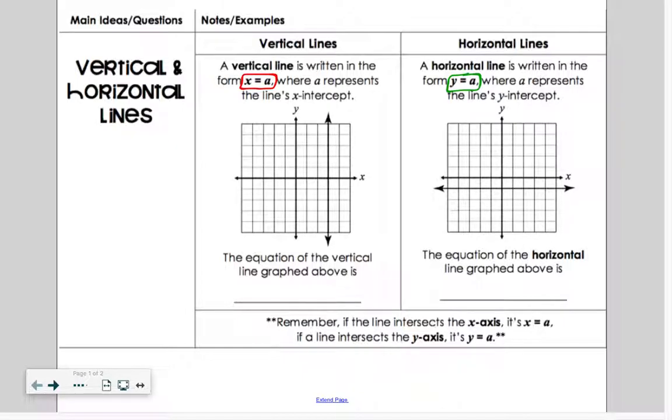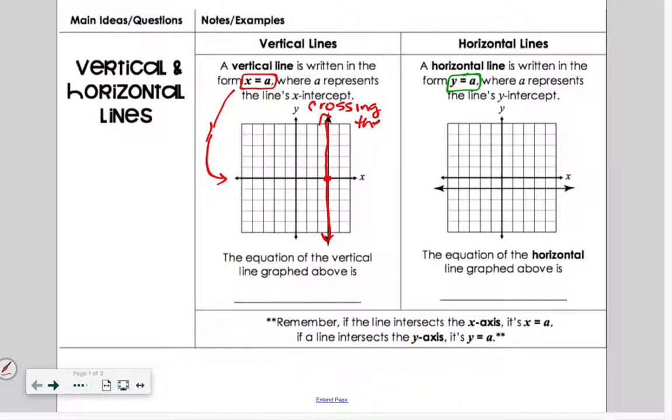So when you see x equals a number, what that's really telling you is that x equals a number on the x-axis. And the number that's on the x-axis tells you where the vertical line passes through. So it's going to be crossing the x-axis.